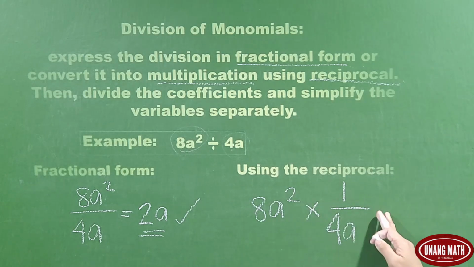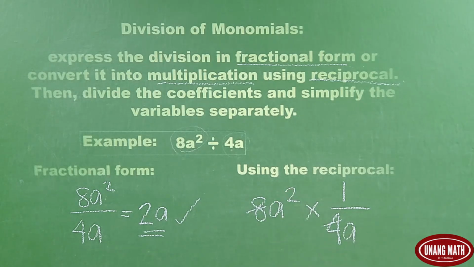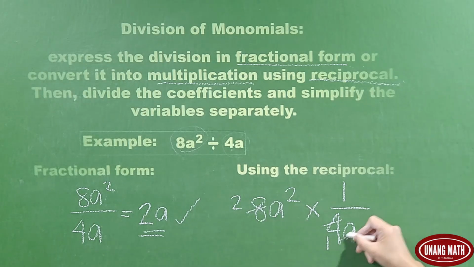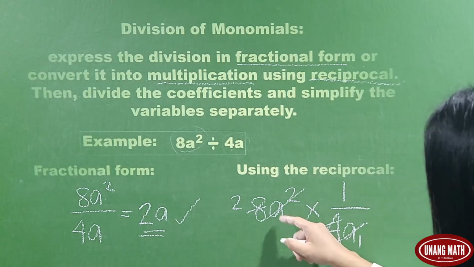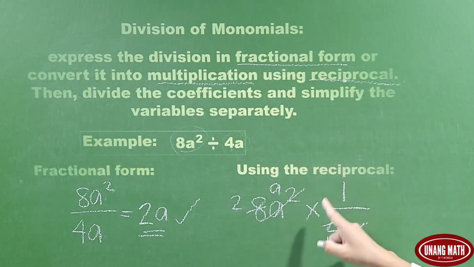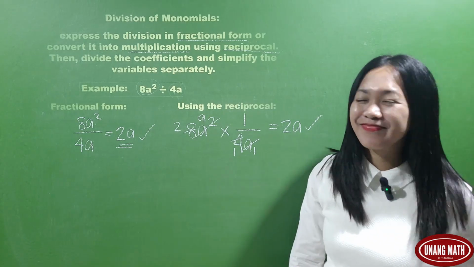Before multiplying, let's simplify first. 4 and 8, the common factor is 4. So this becomes 1. This now is 2. a and a squared can be simplified. So this becomes 1. This is a. So 2 times a times 1, that's equal to 2a. So this is the simplified expression.